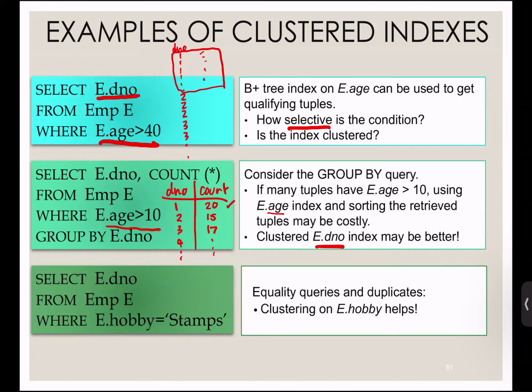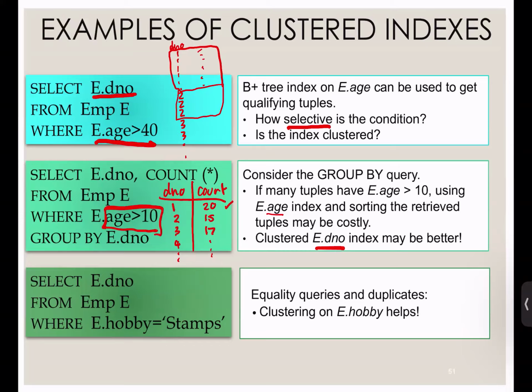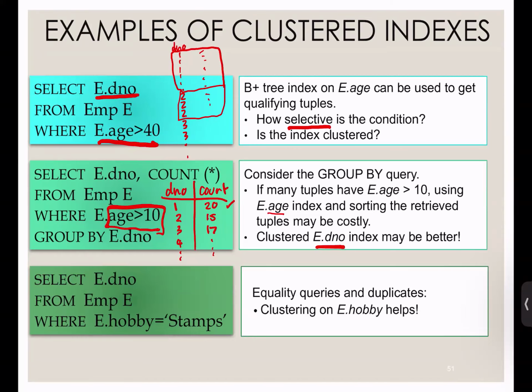Even though I do a sequential search in there, it's not that bad. And counting people in DNO 1, especially ages more than 10, it's not selective. Most people would have age more than 10 anyway. And then you go to DNO 2, and then you count. That's probably much, much better than an index on age in this case.